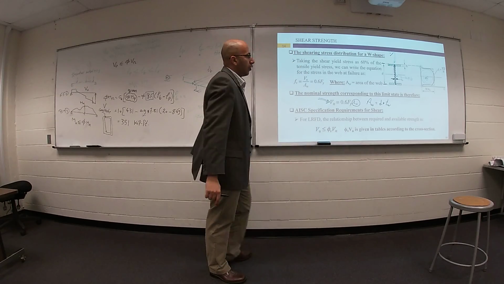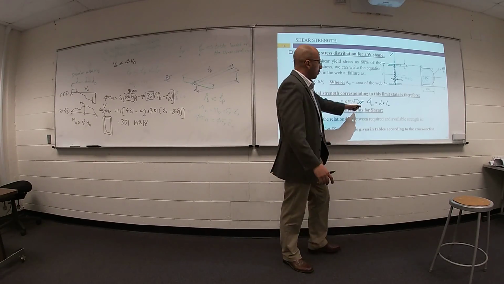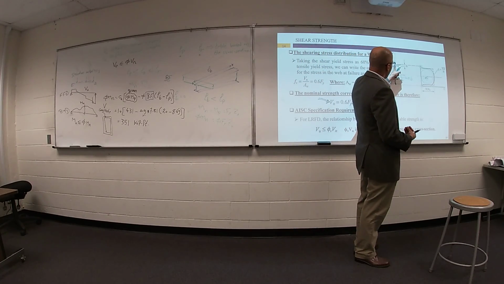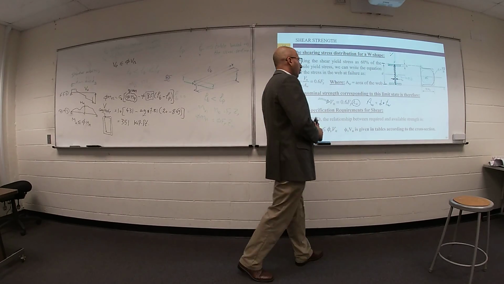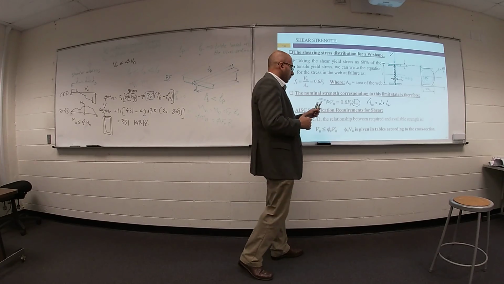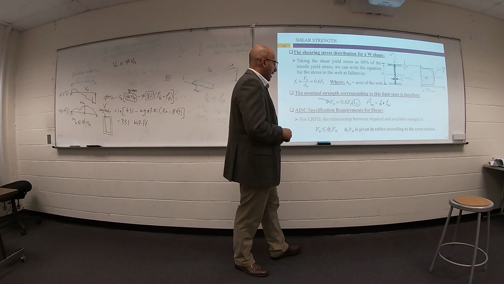That's all. We will not use the gross area of your cross section. No, we will use the area web only because mainly your web is supporting your shear force. So your nominal design shear equals 0.6 times F yield times area web.